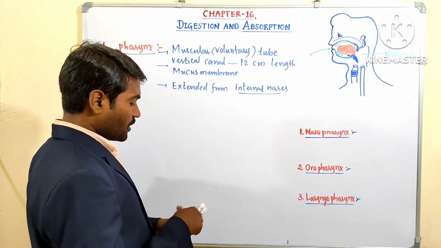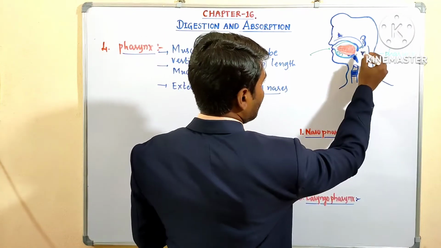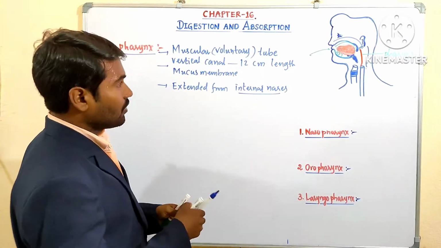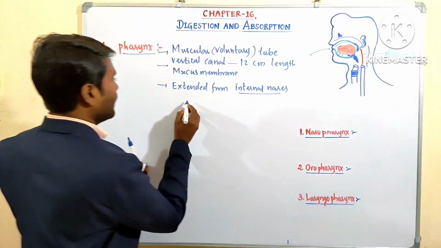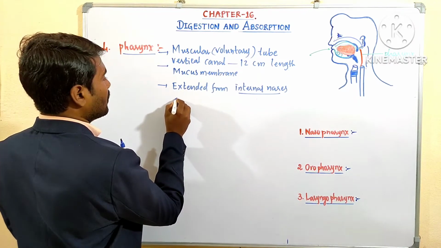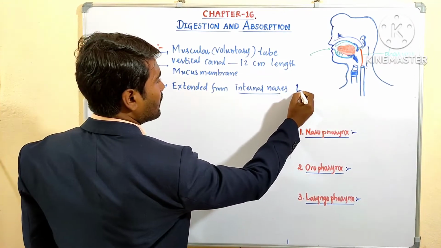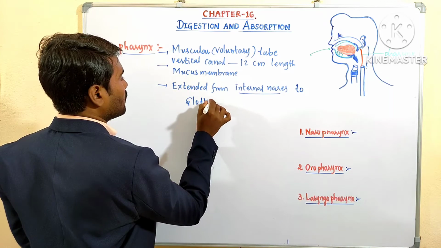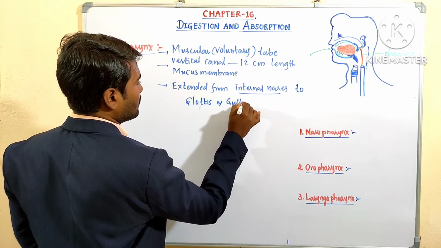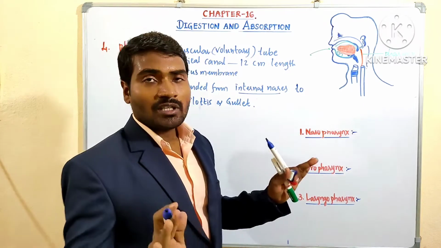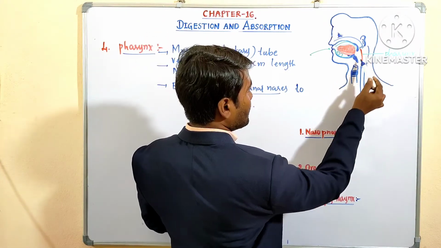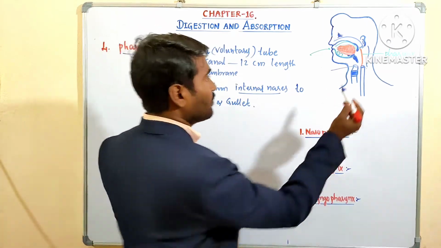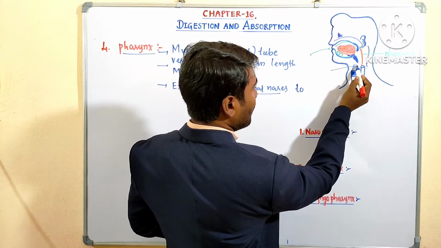From the internal nostrils to here, in the lower surface, what do we have? This is the opening of the gullet, and the epiglottis. So the pharynx is a muscular tube which extends from the internal nares to the opening of the respiratory tract.